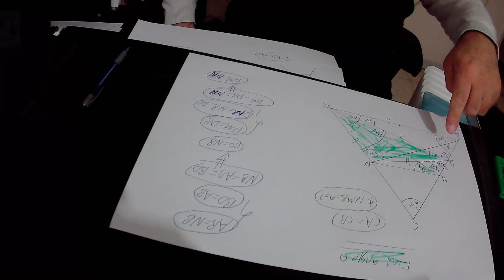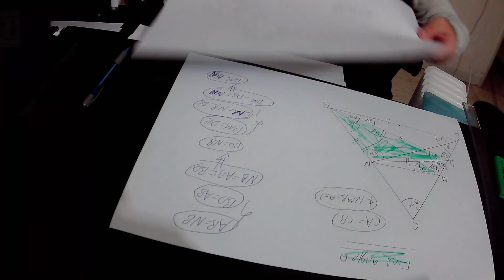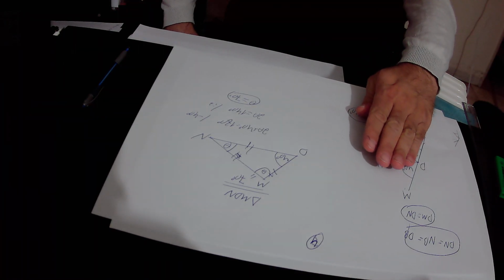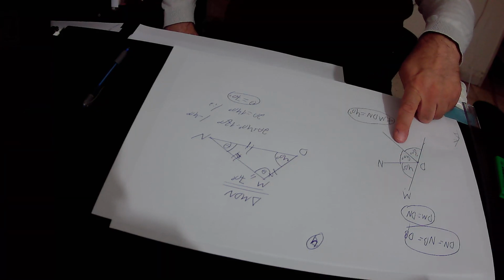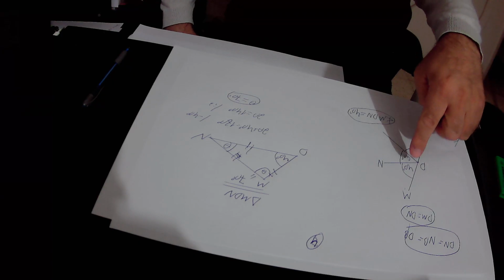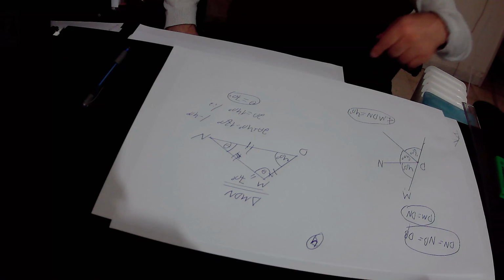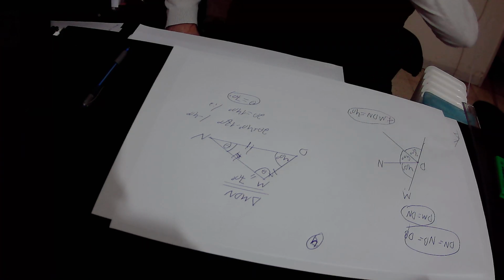In total, the sum of those three angles located on this side of CA at point D must be equal to 180 degrees. So 80 degrees plus 60 degrees is 140 degrees, plus the missing angle. Therefore this missing angle must be equal to 40 degrees.